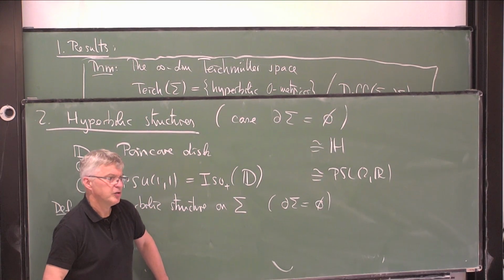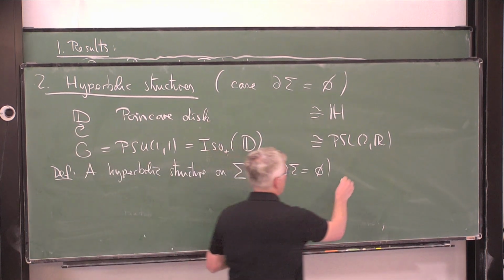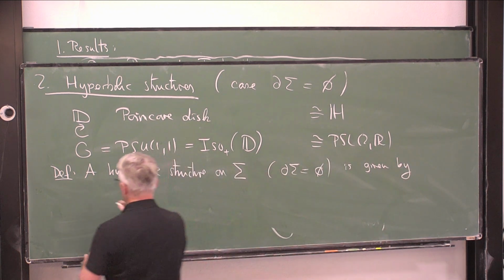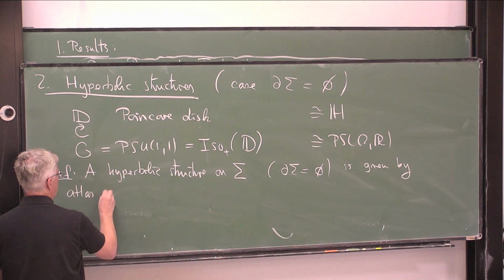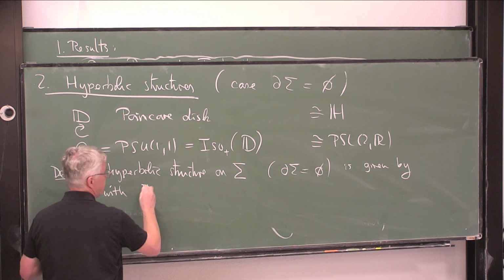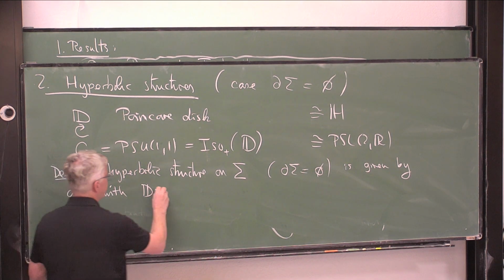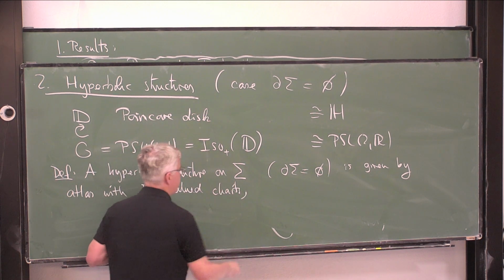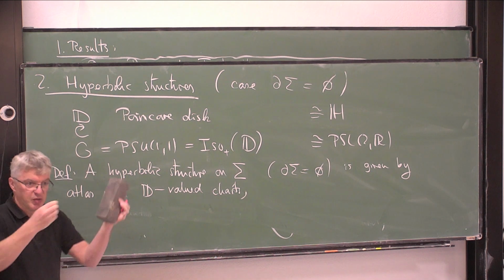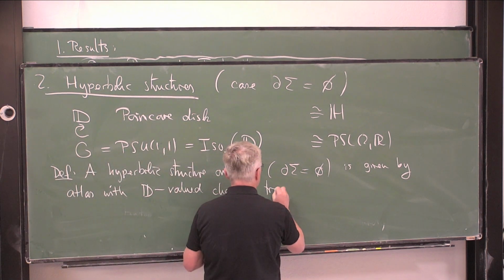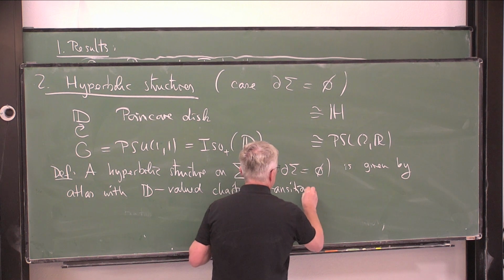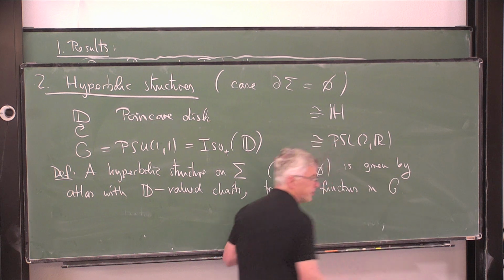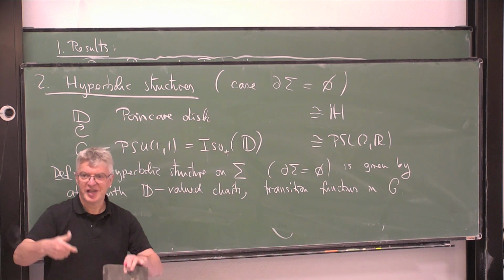I define it in terms of an atlas, given by an atlas with charts which take values in the Poincare disk. And the transition functions are elements of isometries. The transition functions are constant elements of G.